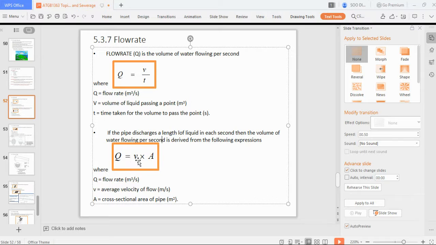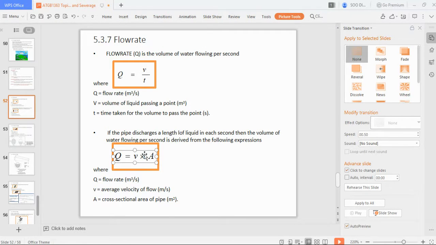Usually in a question, you'll be given the velocity and the cross-section area to find out the Q. If you are given the volume and the time, you can also use them to find the Q, but this is the most important formula. If you go to other subjects that deal with water, always remember that Q equals VA, where V is the velocity and A is the area of the pipe.